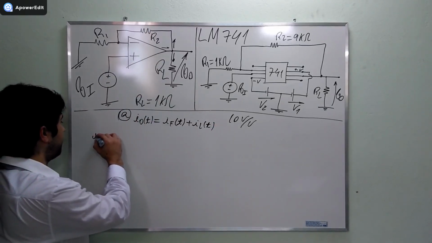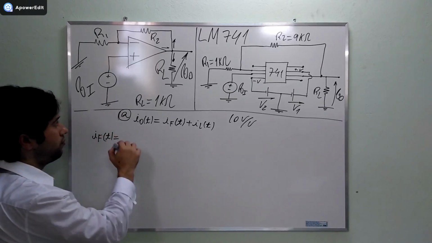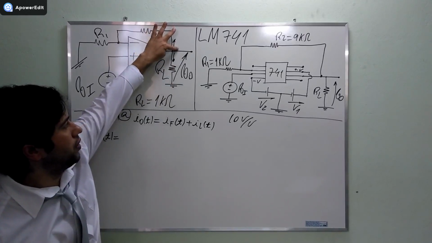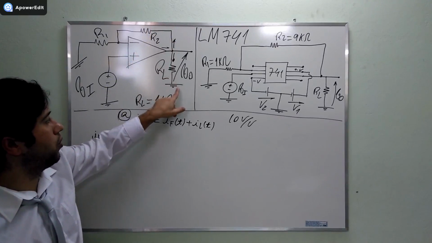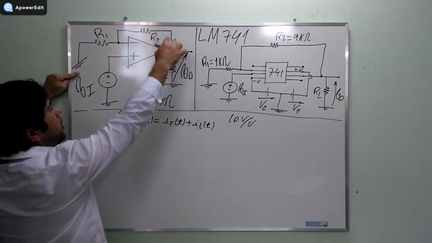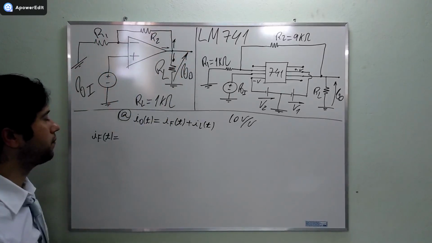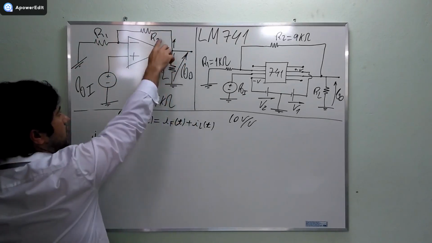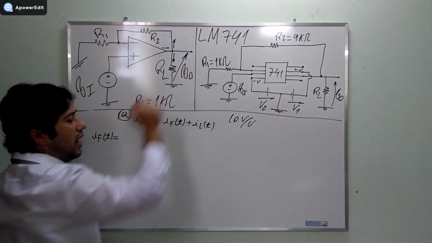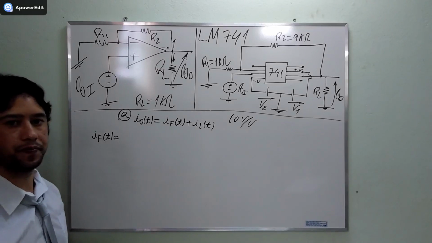Okay, IF of t is going to be equal to the voltage, this voltage here, that is from this output terminal to ground, which is the same here, from here to ground here. We know that R2 is 9 kilo ohms, and we know that R1 is 1 kilo ohms. 9 plus 1 is 10.